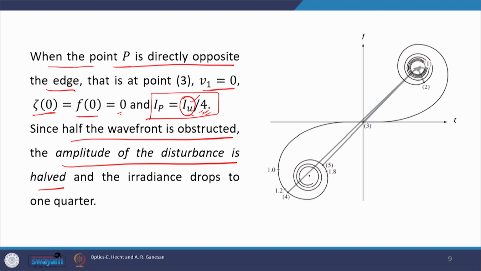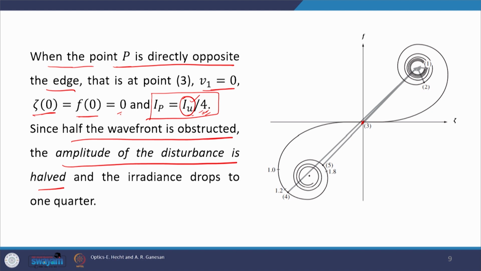Now, on Cornu's spiral, if you want to represent this, then point 3 is given here, which represents the case when the origin is right at the edge.